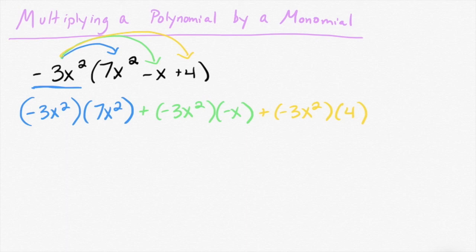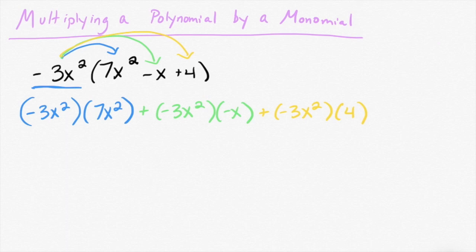We have talked a lot about how to multiply these terms together. If I have a negative 3x squared and a 7x squared and I'm multiplying them, what's the first thing I multiply together? Even before I deal with the exponents. The coefficients, exactly right, which in this problem are negative 3 and 7.